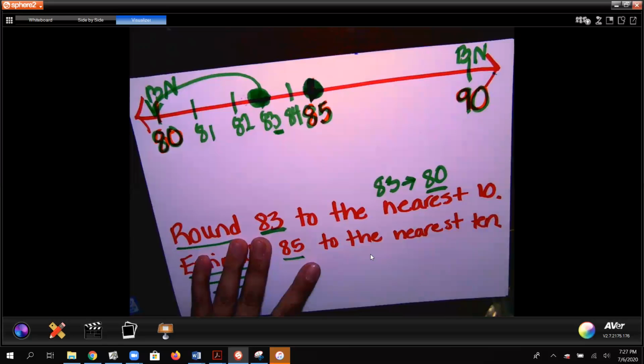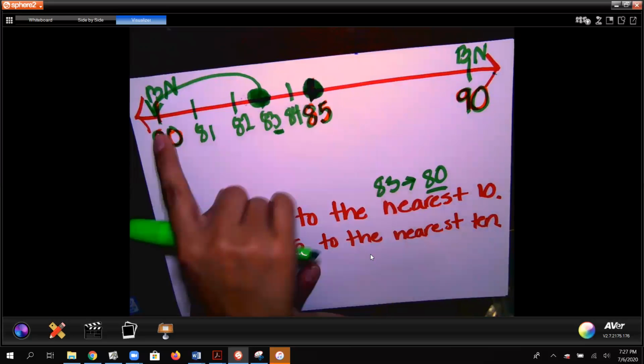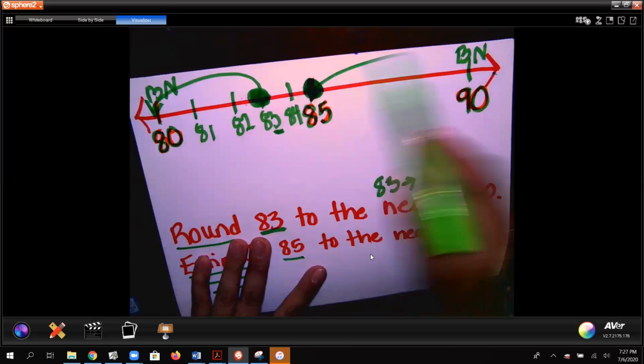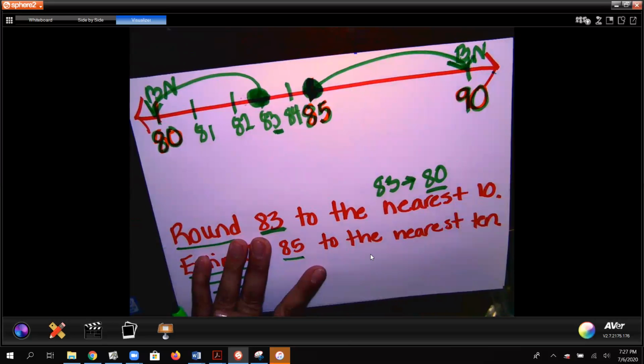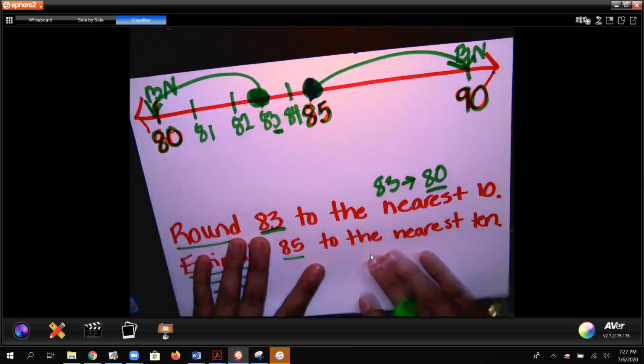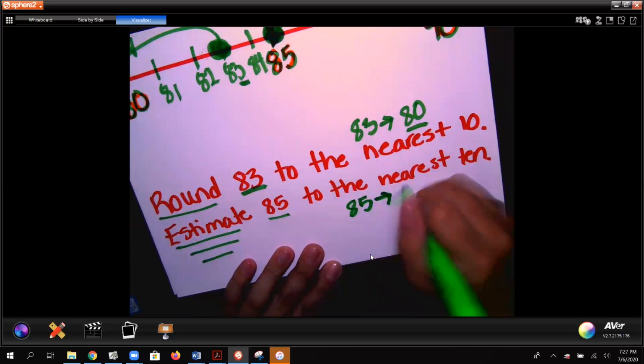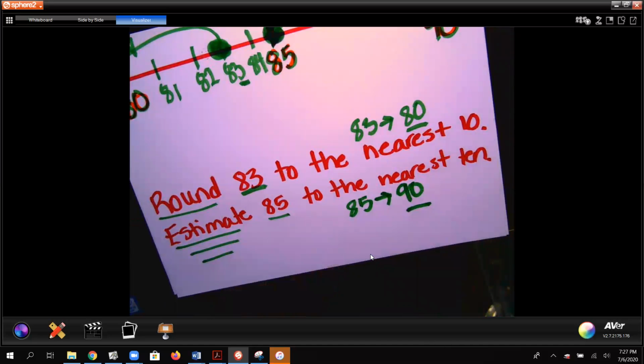Even though you would want an equal distance here and here, the rule of rounding is if it's on the midpoint, you go to the greatest one. That's just the rule of rounding that you have to learn. So 85 rounds to 90, to the nearest 10. Later, you will learn how to round to the nearest 100 and the nearest 1,000, nearest 10,000. But for now, that was just an introduction.